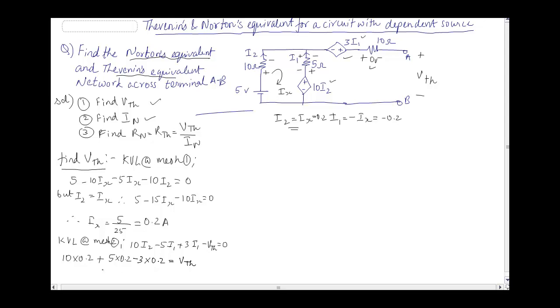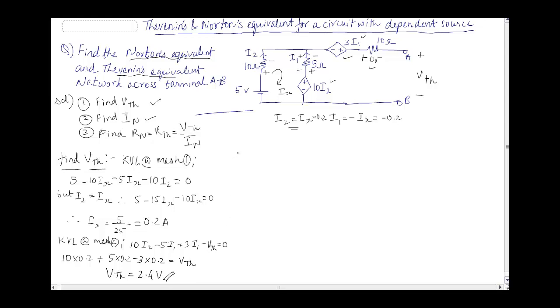Together if I calculate this, let me look if I made any mistake. So this is 10 I2, no issue. Okay, so everything is correct. We will get VTH is equal to 2.4 volt.